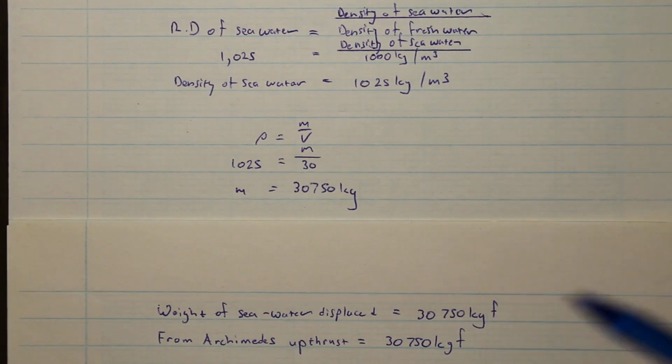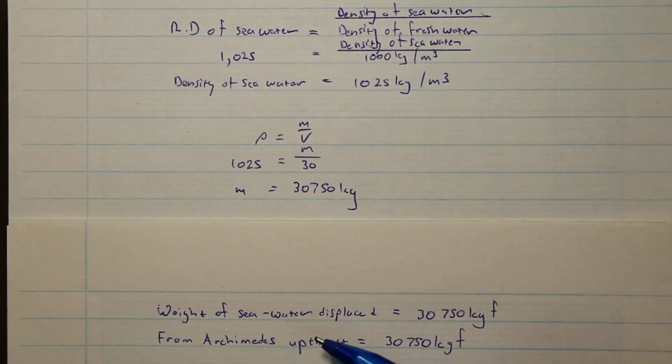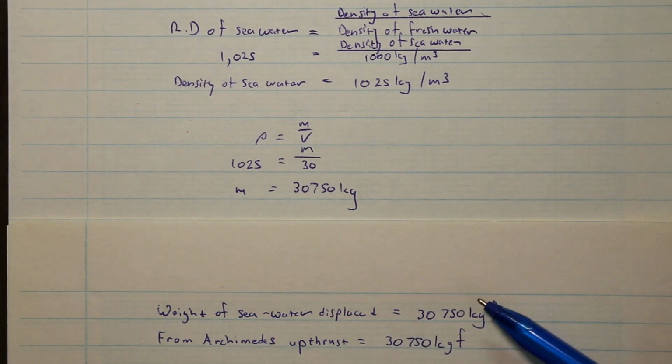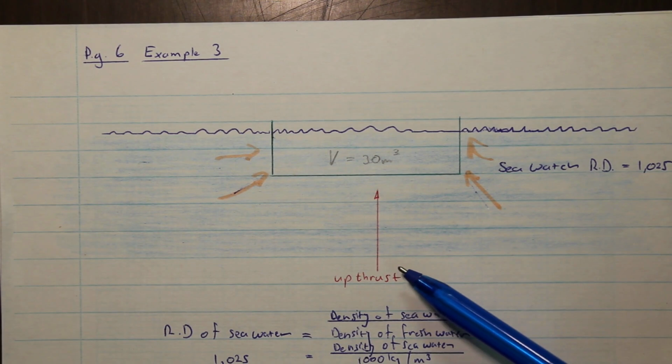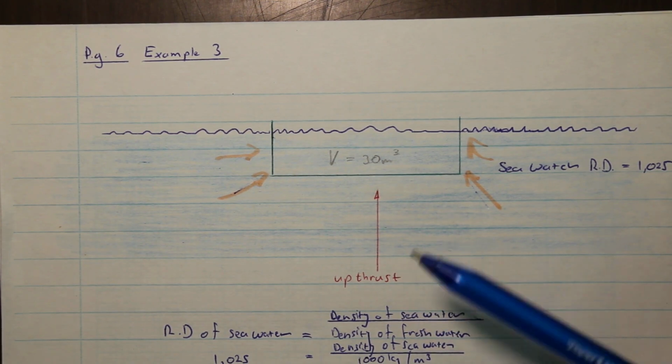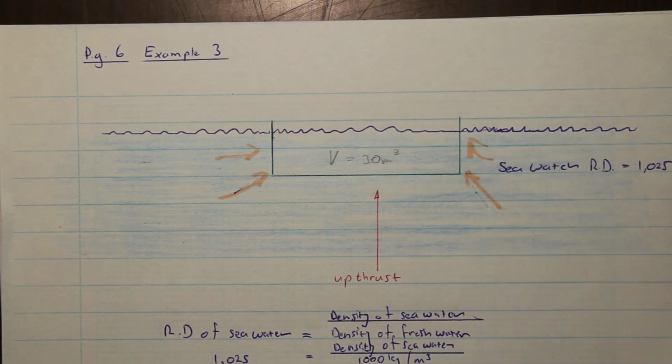30,750 kilograms of force. So for this barge to be floating, the upthrust, according to Archimedes, must equal the weight of the water that is displaced. So the upthrust over here is also 30,750 kilograms of force to keep this barge up.